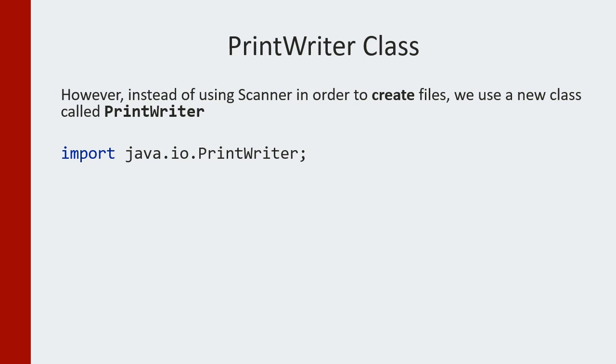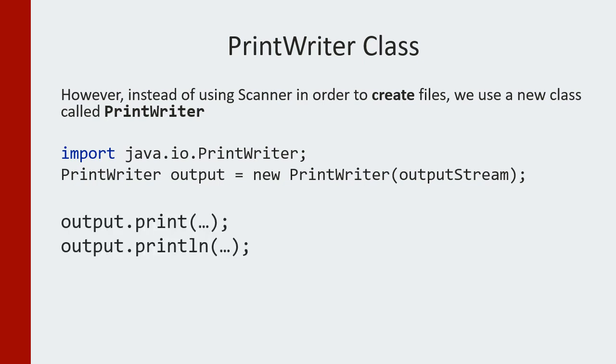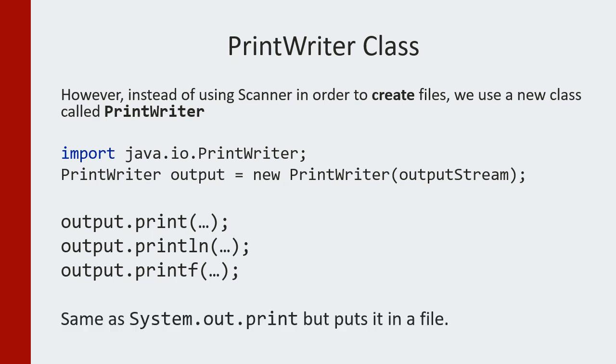And now I'm going to create a PrintWriter object: PrintWriter output is equal to new PrintWriter outputStream. Now that I have this ability to write to a file with a PrintWriter object, I'm going to use output.print, output.println, or output.printf to write to the file, which is super similar to System.out.print. It just puts it in the file.